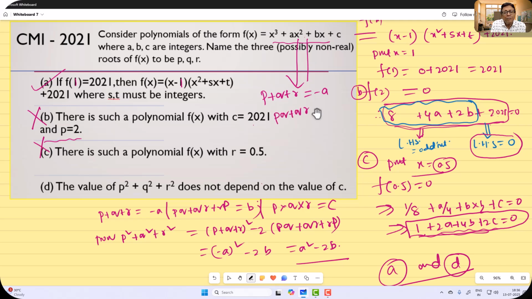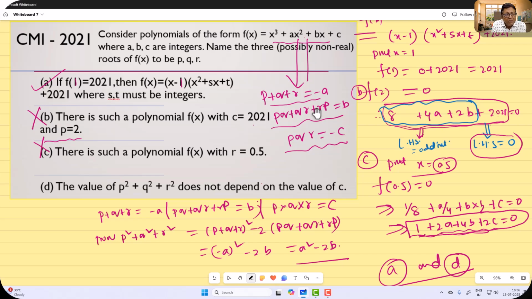Sum of the product of the roots, right now if you are not able to accept the cubic equation, do it like quadratic only. Sum is equal to negative of this coefficient. Sum of the products taken 2 at a time will be equal to b, and p q r, their product is going to be equal to minus c.